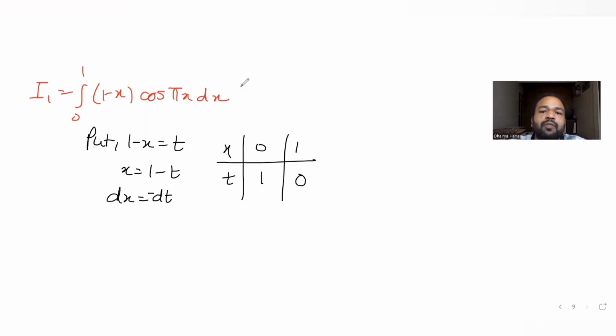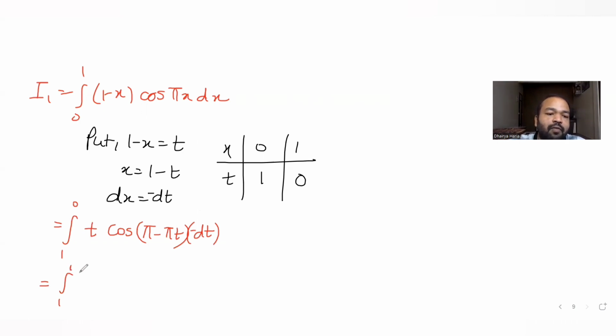So the limits of the integral change from 1 to 0. Instead of 1 minus x, you write t. This becomes cos of pi minus pi t, and dx is minus dt, so you write minus.